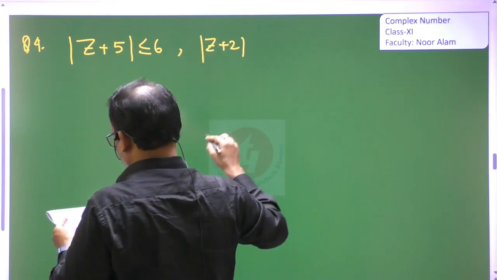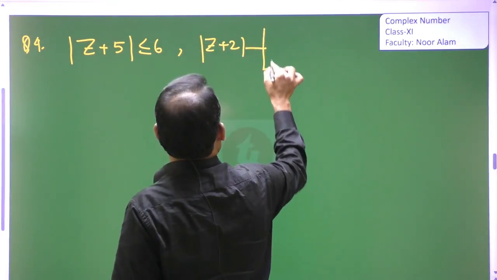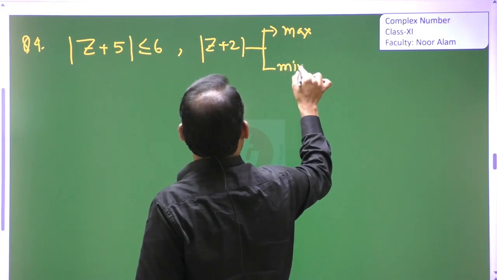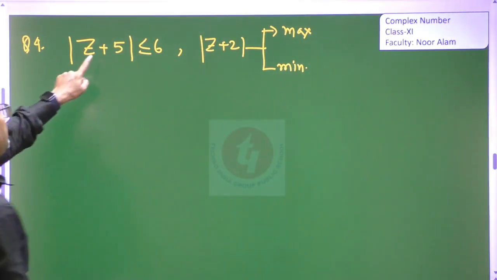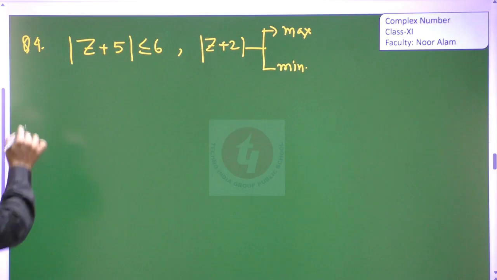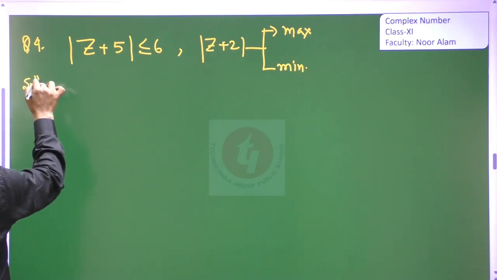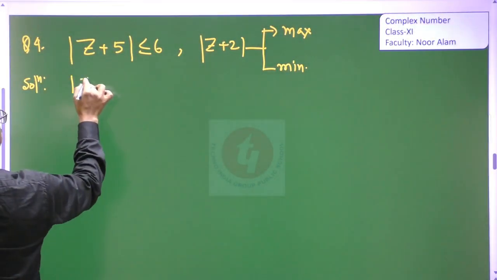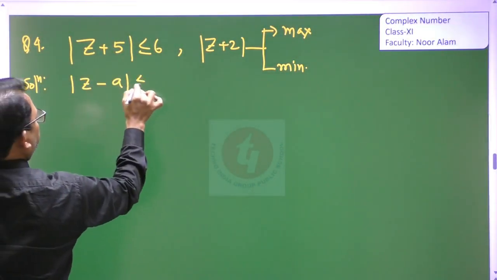You have to find two values: one is the maximum value, the other is the minimum value. What is given? Mod of z plus 5 is less than or equal to 6. Now compare this with what I taught you in the beginning, the formula. Using it, you will get mod of z minus a less than or equal to 6.